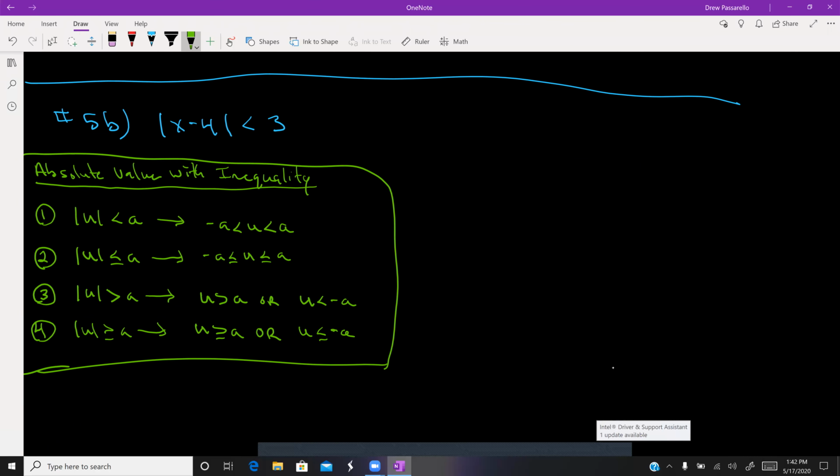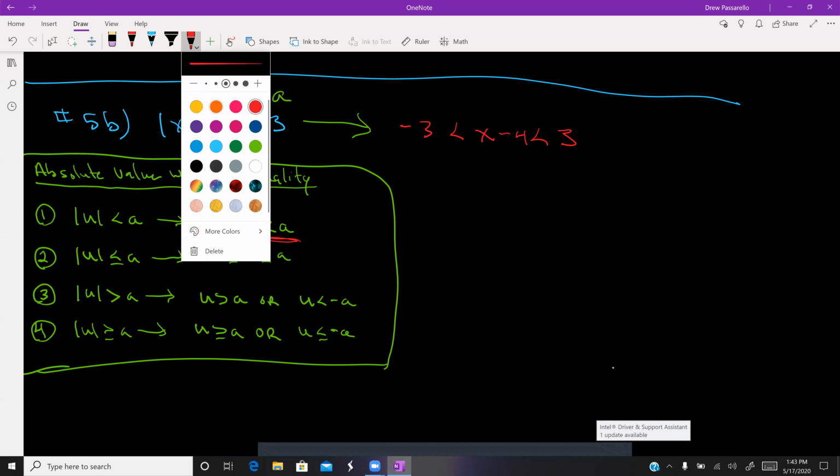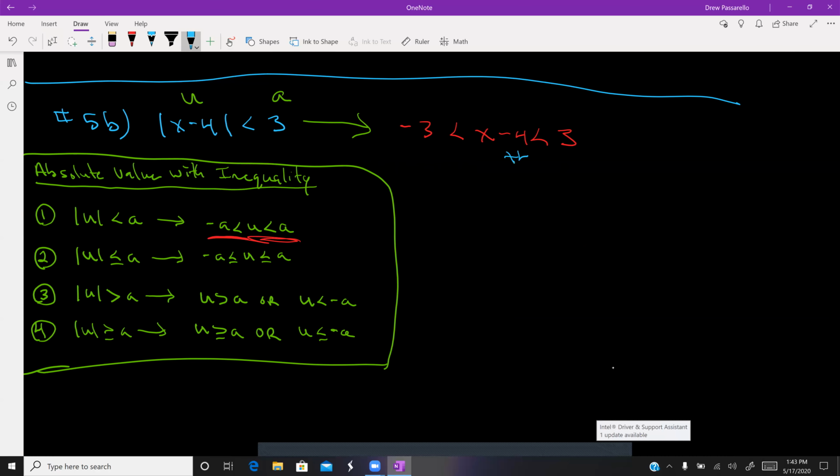Now for problem 5, your u is x minus 4 and a is 3, so I'm following case 1. It's going to be -3 less than x minus 4 less than 3. Then I just add 4, because you want to get x by itself.